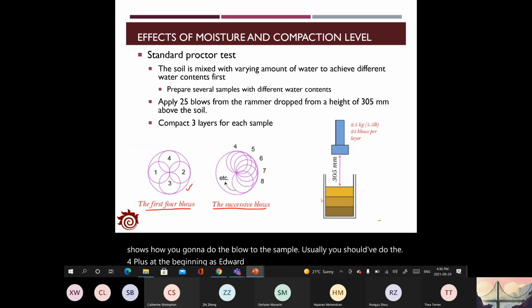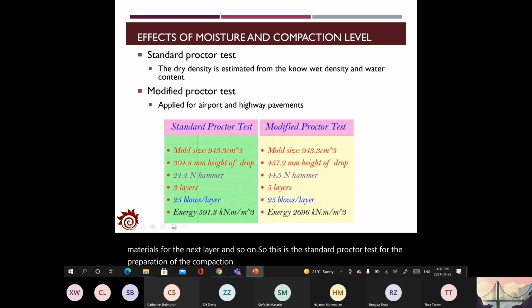Then you do the continuous blows clockwise or counterclockwise, either way is fine, and finish all 25 blows. With that, you complete 1 layer and then add more material for the next layer and so on. So this is the standard Proctor test for the preparation of the compaction samples.